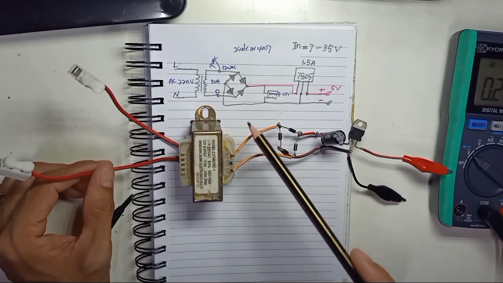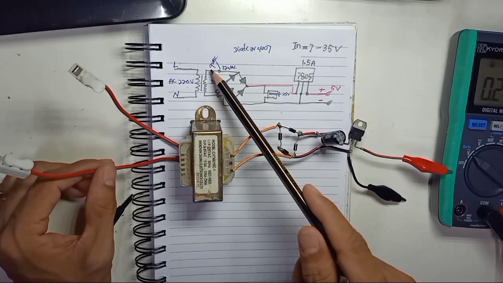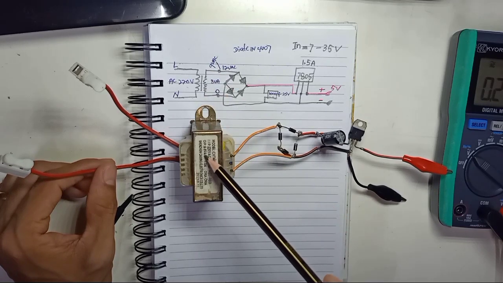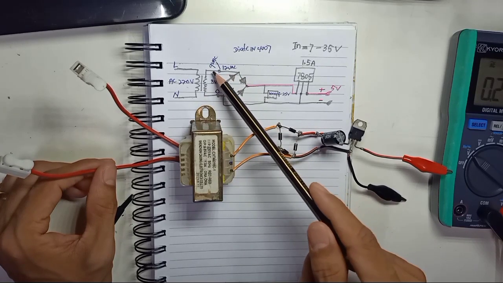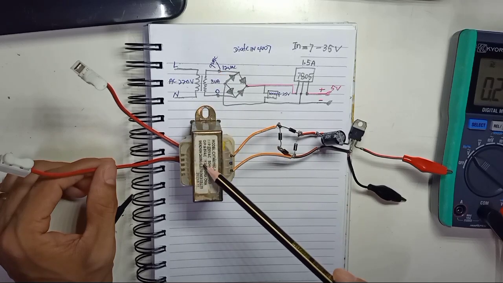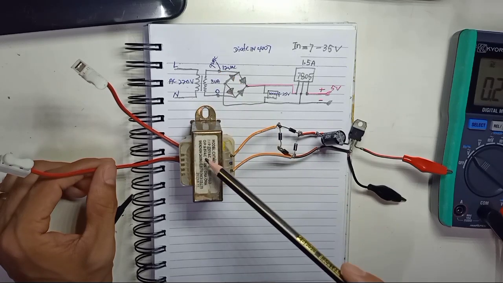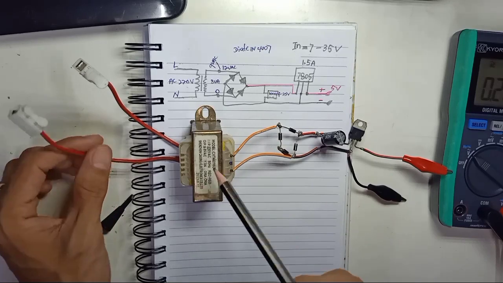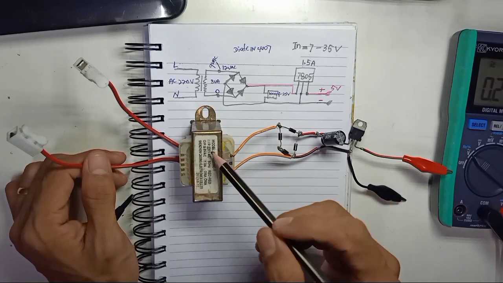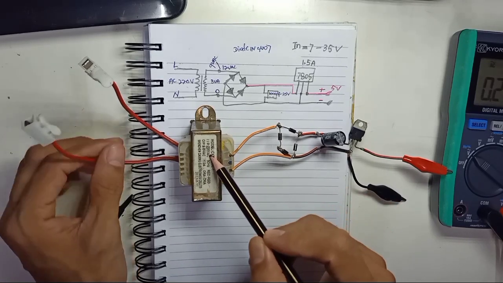The output here is also coming out as AC, 9 volt, so you can use either a 9 volt transformer or a 12 volt transformer. When you choose a transformer, the most important thing is the input coil.